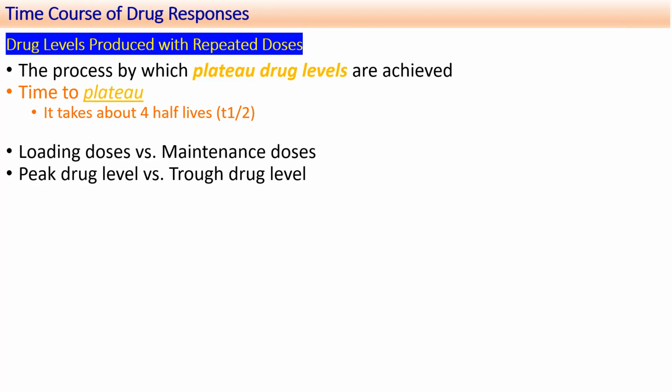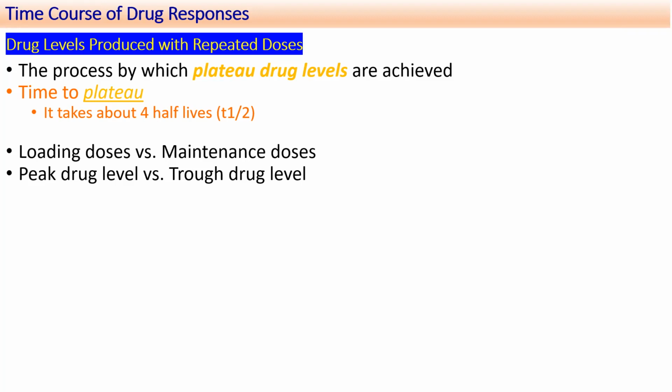Now, the process by which plateau drug levels are achieved. The time to plateau, where plateau means a steady level of the drug has been achieved. So we have to achieve a steady level of the drug in the plasma. That's the plateau. It takes about 4 half-lives to reach the plateau. For the decline from the plateau, 94% of the drug will decrease over 4 half-lives.